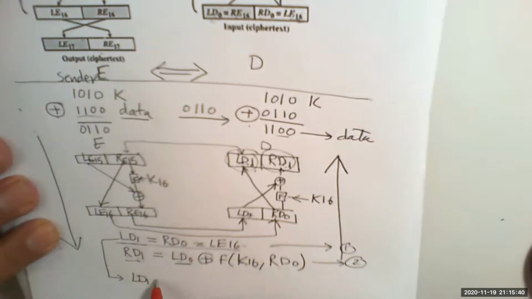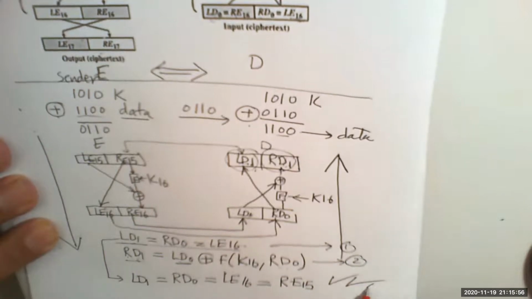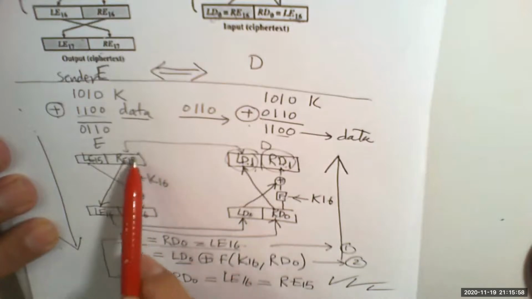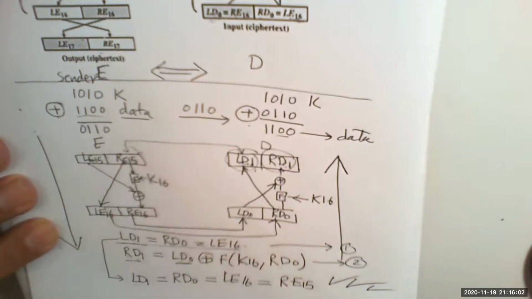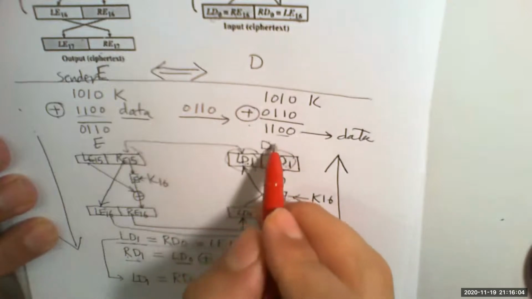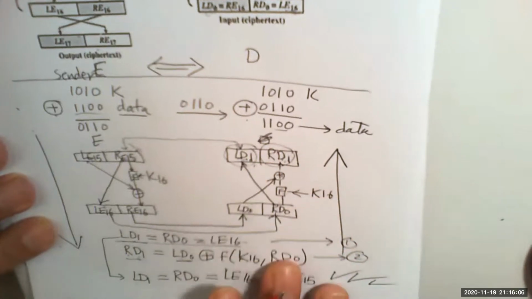LD1 is RD0, which is LE16, which is RE15. Okay, now I prove the first one. I proved it because LD1 is exactly RE15. That's no problem. Now we get to the difficult part.